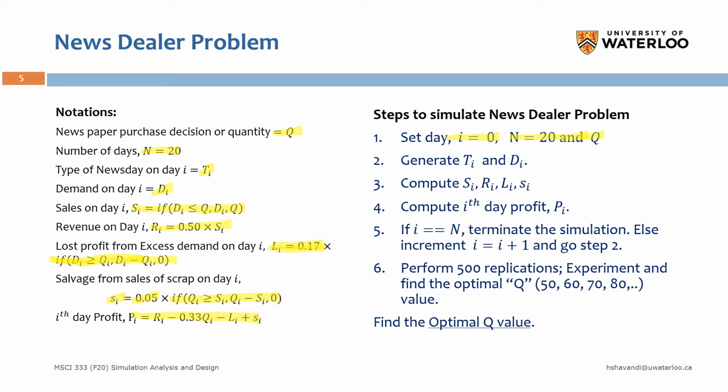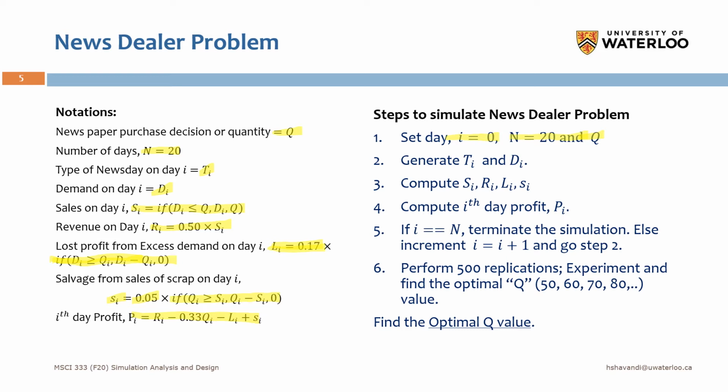As you see here, for running the simulation, we need to consider a value for Q, right? It can't be a variable in the model. And we need to assume a quantity, a value. So any run of simulation will be based on a given Q, right? So this is how it works.